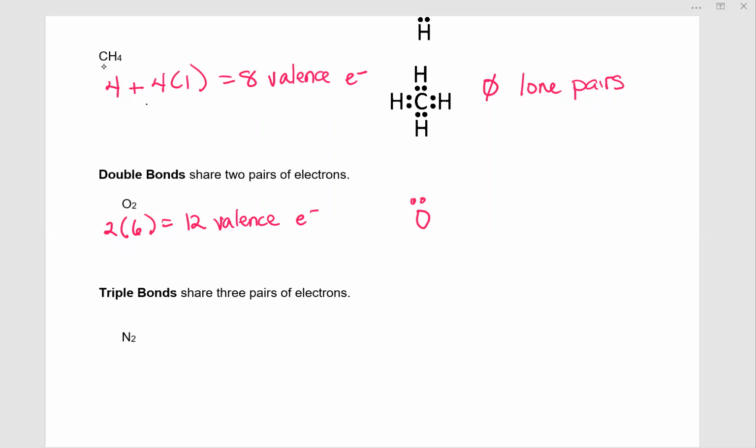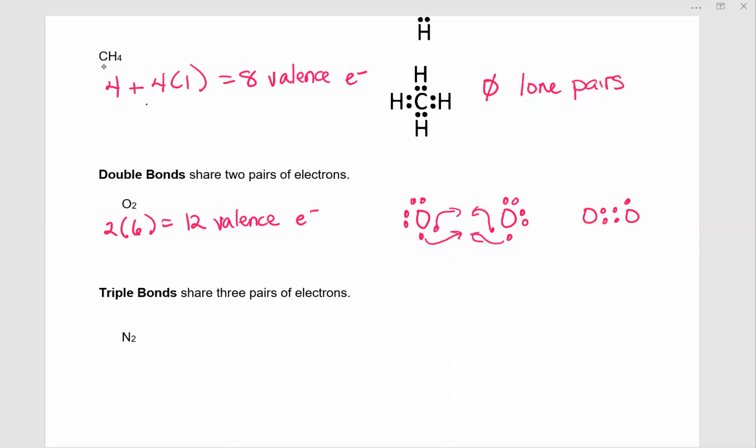So let's draw the dot structures. Okay, so these 2 electrons are going to be shared, and these 2 electrons are going to be shared. So we end up with 2 shared pairs of electrons.